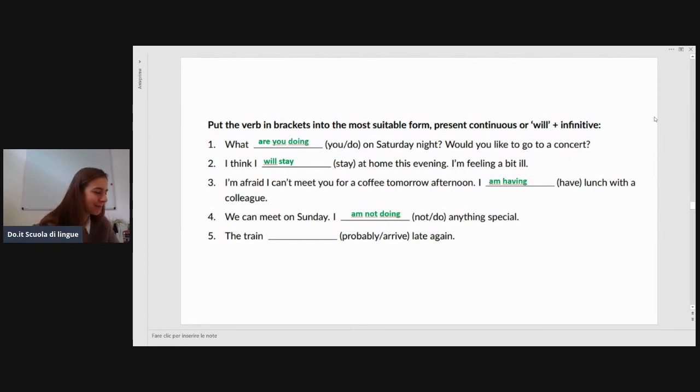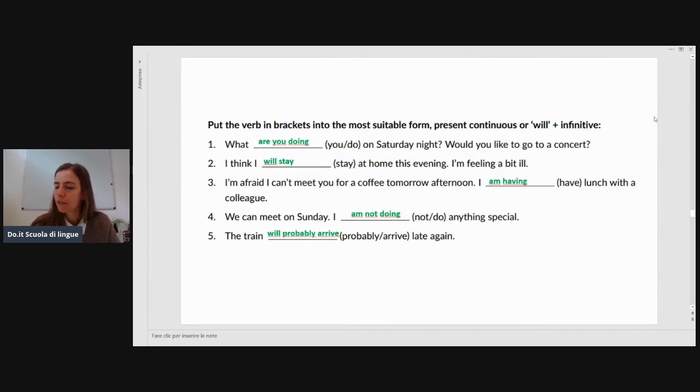So the train will probably arrive. Bravissima, very good. Il treno probabilmente tarderà di nuovo. Siccome c'è probably, bisogna metterci will.